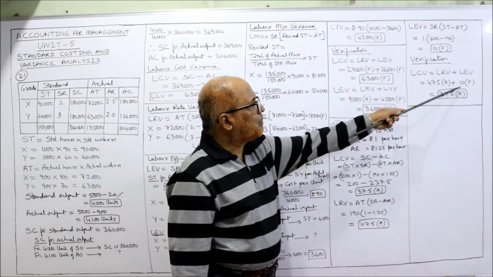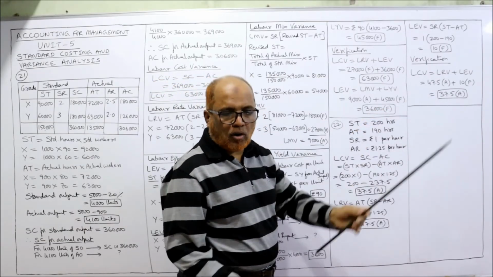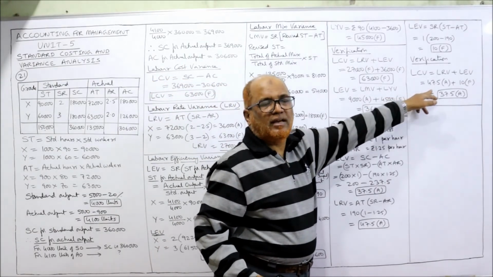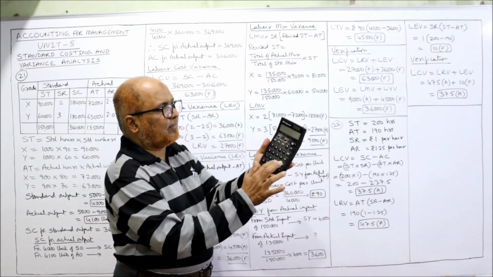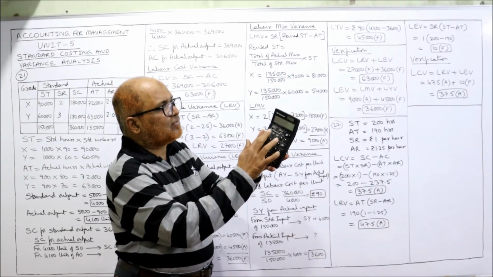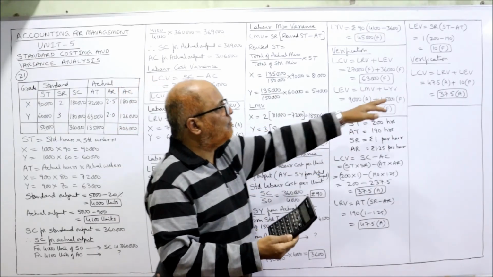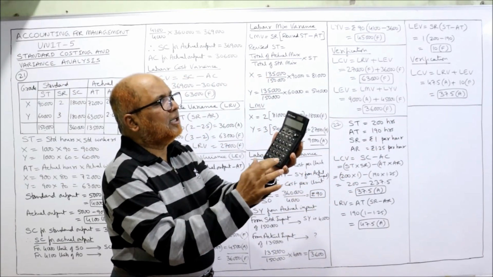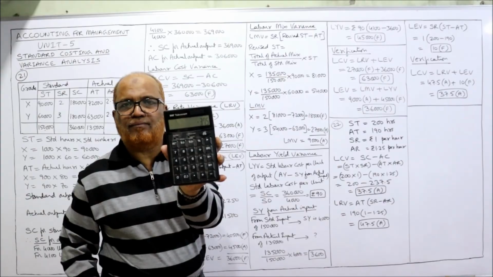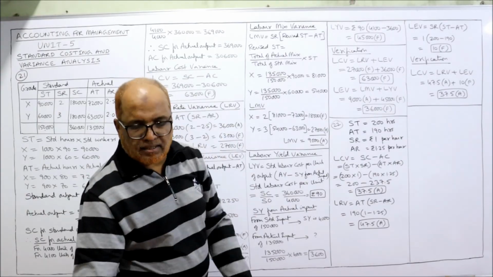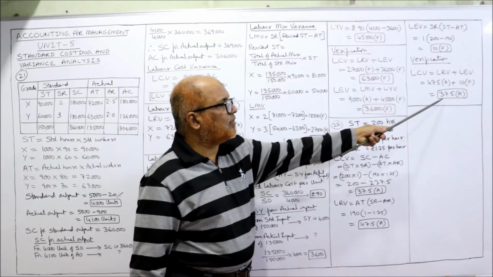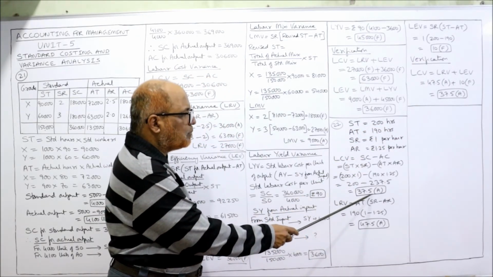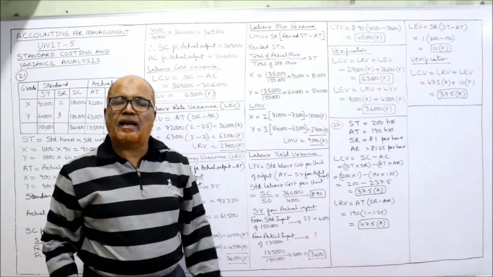On the calculator you do like this: adverse means negative, so minus 47.5, and favorable means plus 10, you will get minus 37.5. Minus 37.5 means 37.5 adverse. See whether 37.5 is there or not. Yes, 37.5 adverse. Verified. Our calculations are correct.